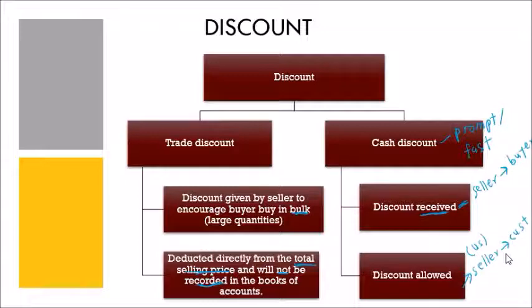So the difference between allowed and received is who the buyer is. In the first, we are the buyer and we receive; in the second, we allow. Okay, this the seller is the supplier. Understand? Okay, so next slide.